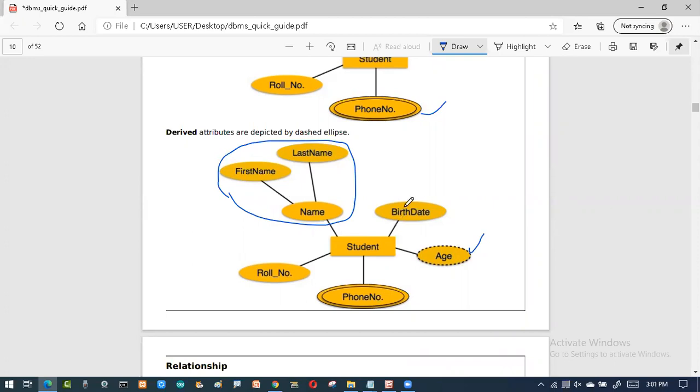Then this attribute has a dotted line, so please understand that this is derived. That means the data comes from somewhere. The person's age comes from the date of birth, so it is derived from that data. Then if I use it like this, it is a multi-valued attribute.